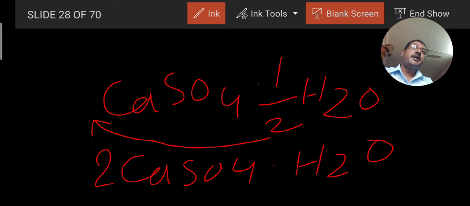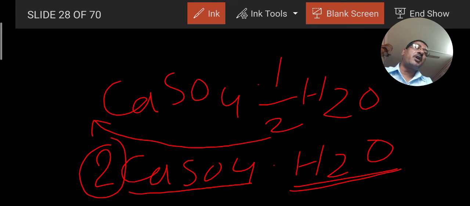That is, 2 formula units of calcium sulfate having how much water? 1 molecule of water. If we take only 1 formula unit of calcium sulfate, then how much water will be there?